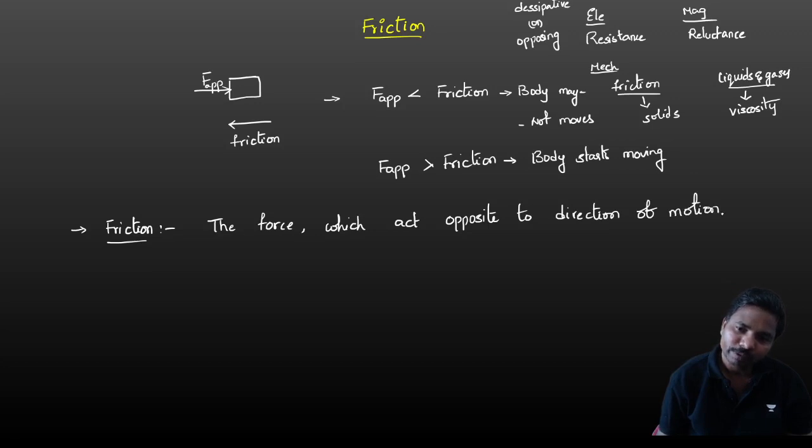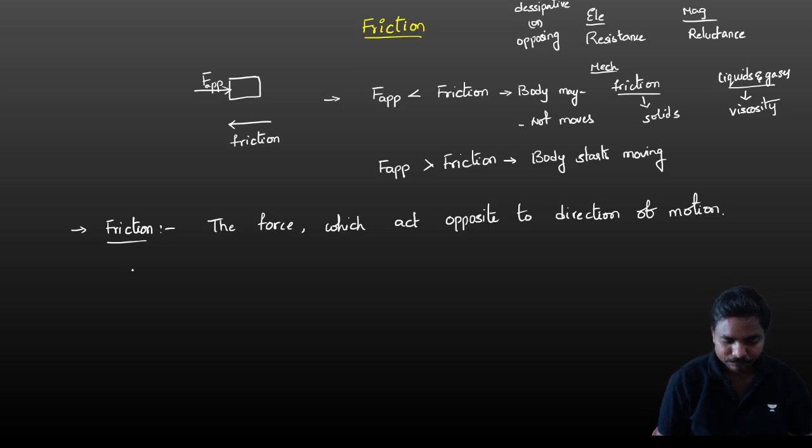It is also like one type of force, but it is a dissipative force, which acts opposite to the direction of motion. If the applied force is in this direction, friction is always opposite to the direction of that applied force.